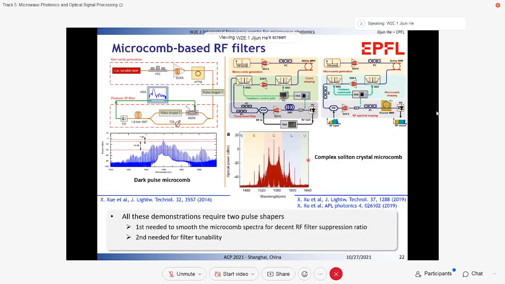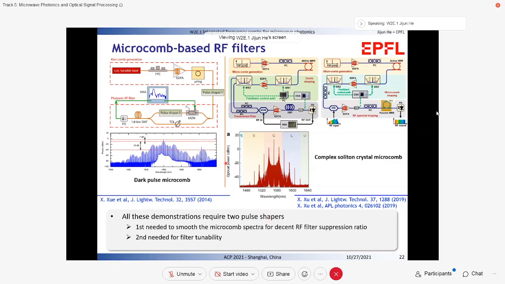So indeed, there have been several microcomb-based RF photonic filters demonstrated in the past, and they are based on some specific comb states like the dark pulse microcomb or the complex soliton crystal microcomb. We know that for all these demonstrations, they required two pulse shapers in their setup. The first pulse shaper is needed to smooth the microcomb spectrum in order to obtain the microwave filter signal with good suppression ratio, while the second one is needed for the filter tunability.